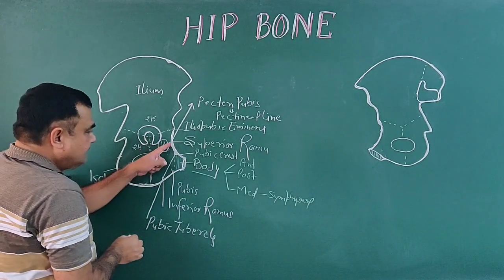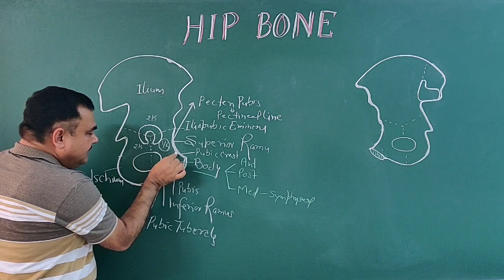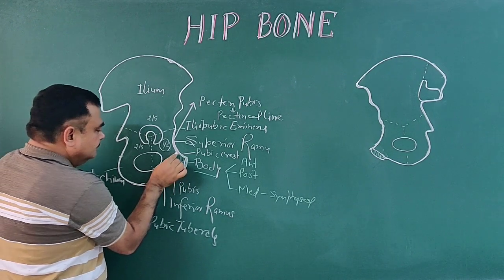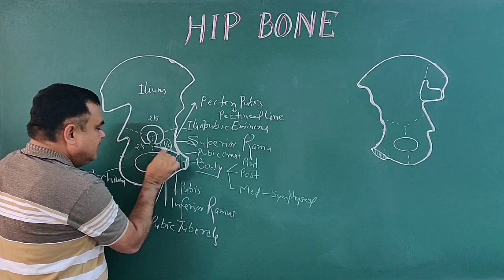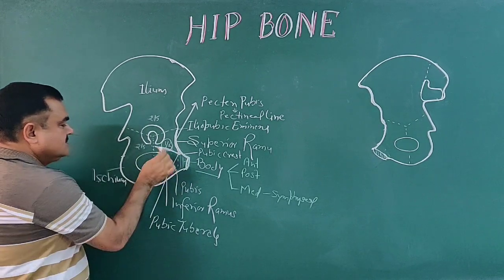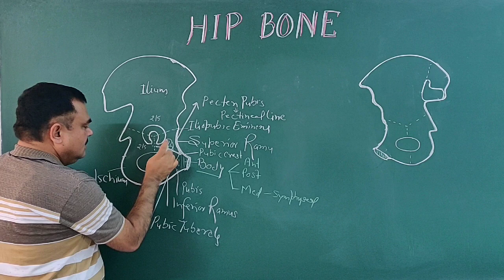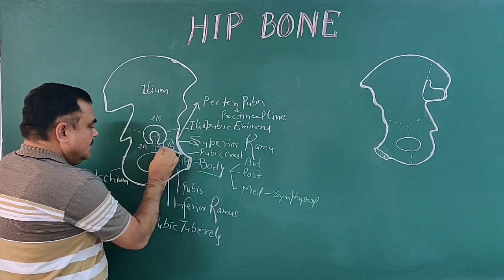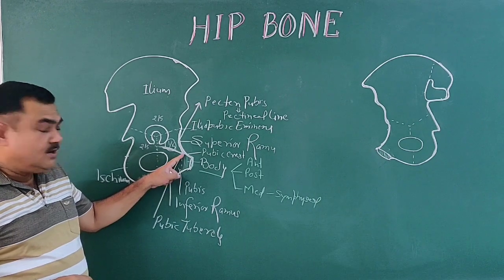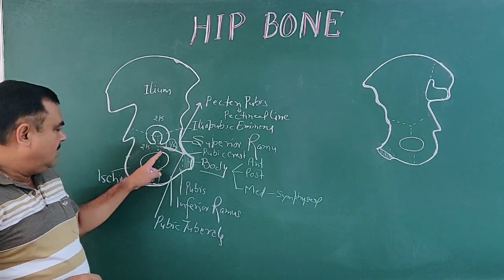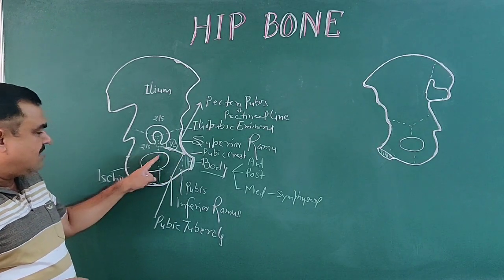Here is the superior border, and then here is the anterior border. It extends from the pubic tubercle and goes just above this obturator foramen.